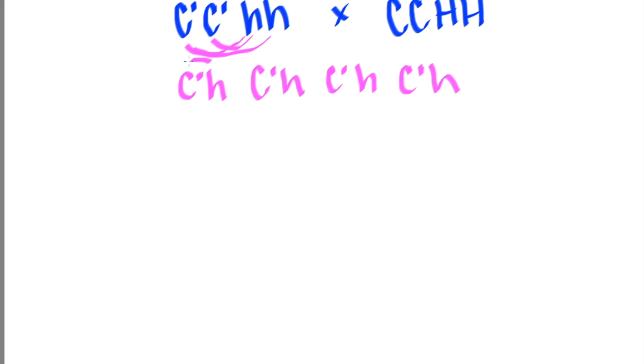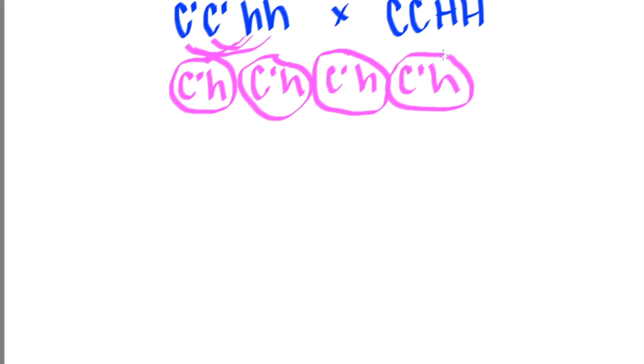So all of these eggs will be the same: C prime, little h. Okay, so let's take a look at the other one. You have big C, big H, big C, big H, and it's the same scenario here.